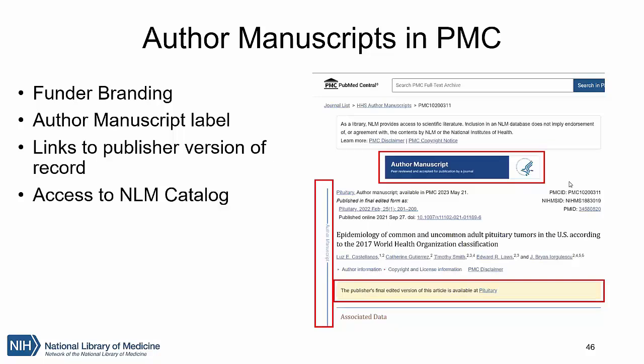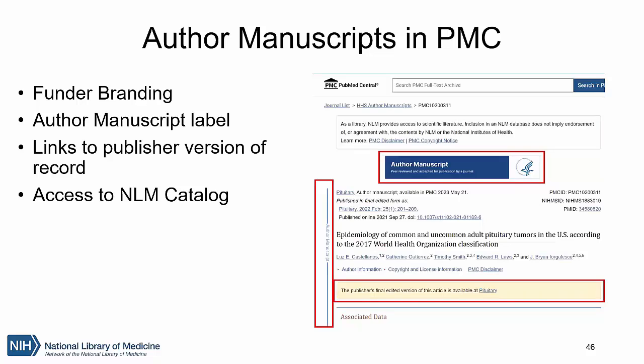It's easy to identify author manuscripts in PMC because a banner at the top explains what an author manuscript is. The paper's status as a manuscript runs along the entire page. Each manuscript includes the funding agency's logo.